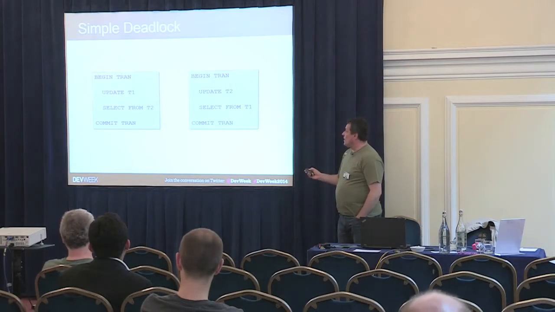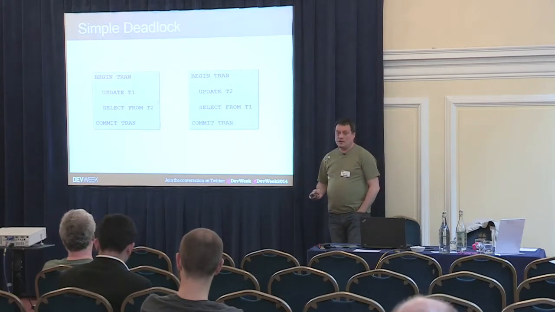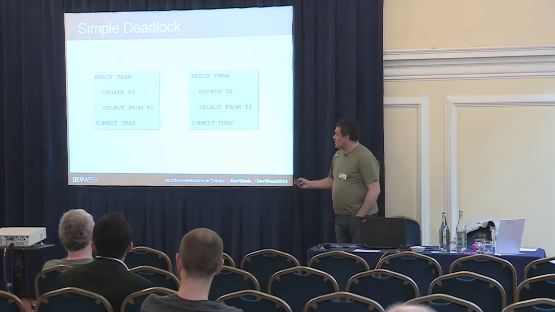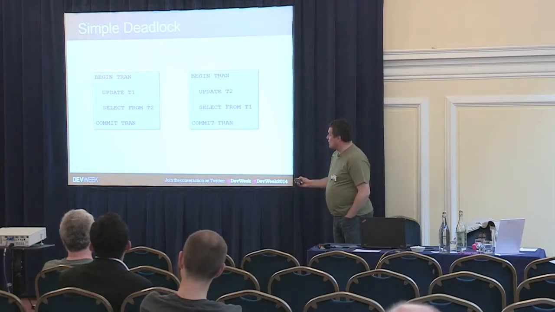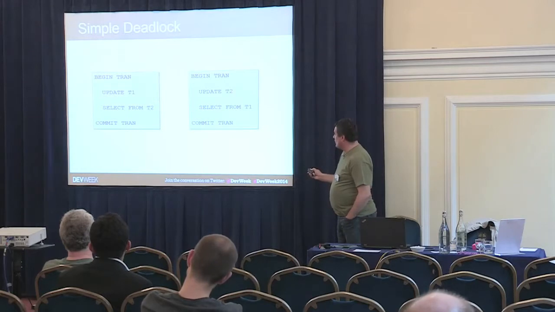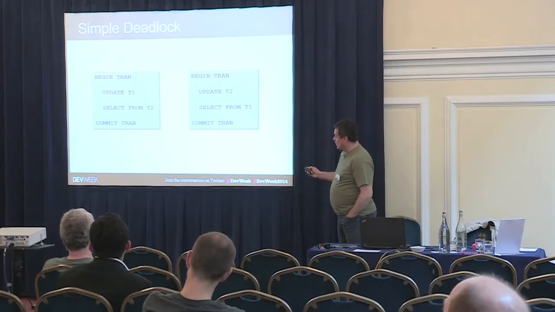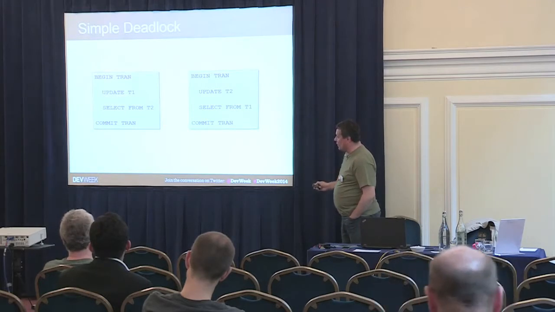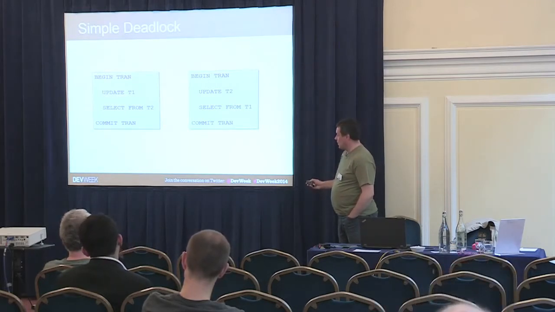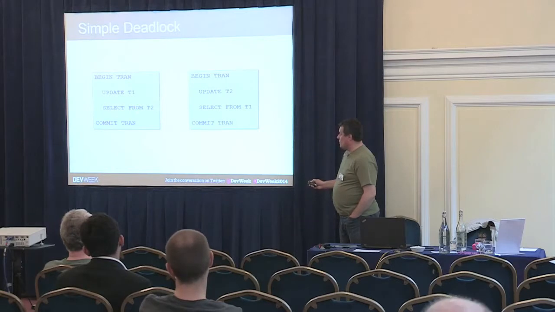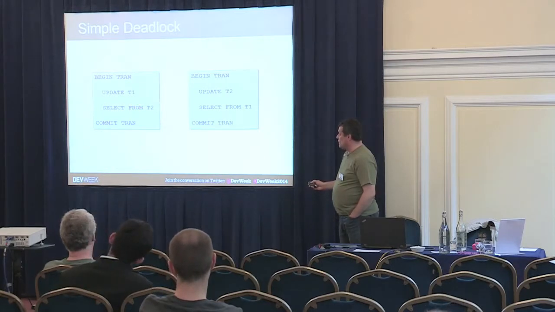This is very typical, called simple or also cycle deadlock. You see, the first transaction is updating table 1, while the second is updating table 2. And then, you can imagine an imaginary timeline going down, a vertical one. Now the first transaction is reading from table 2, and table 2 is exclusively locked.